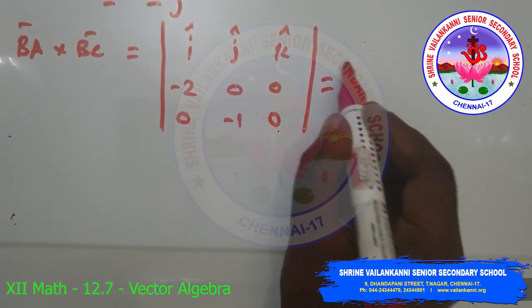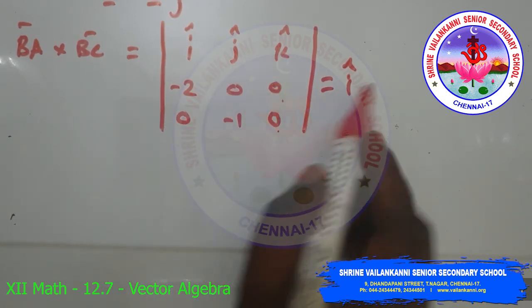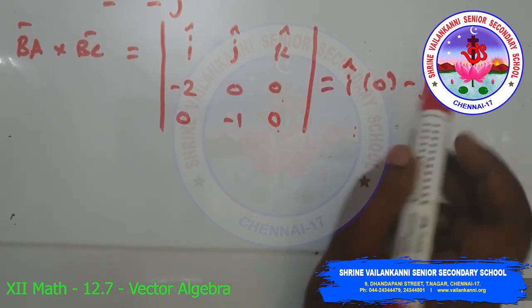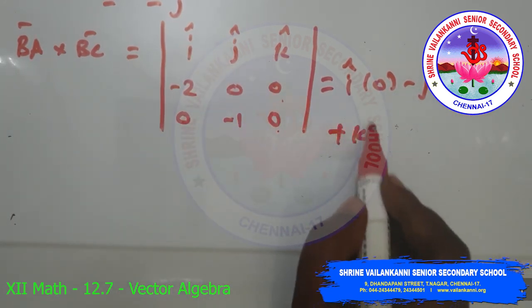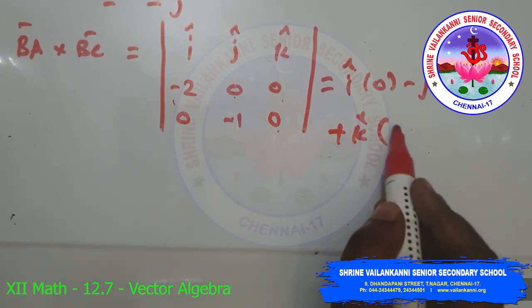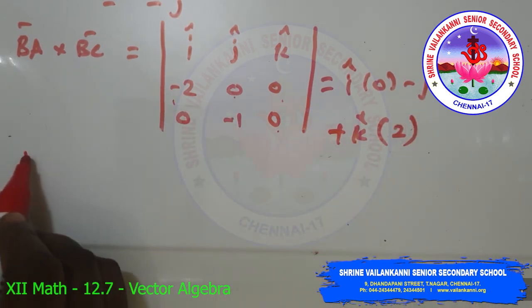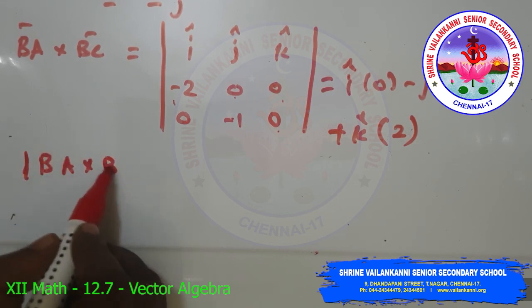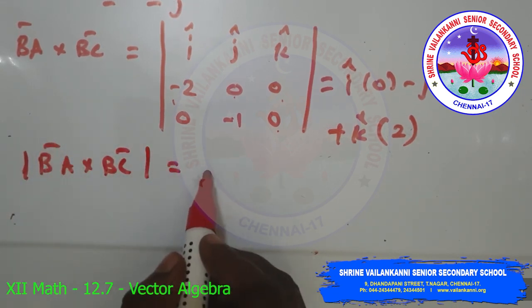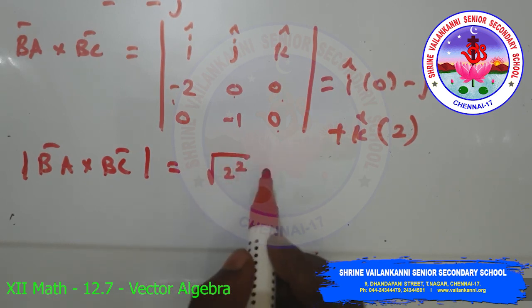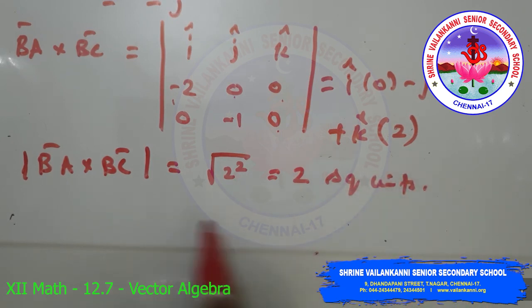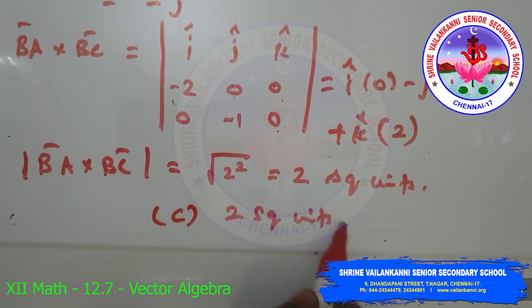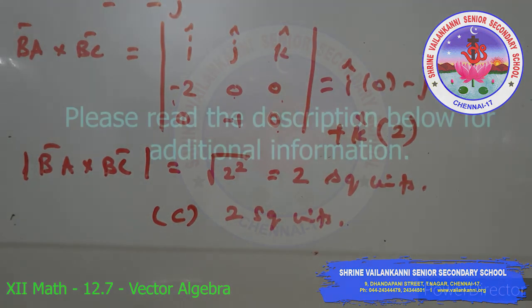So when we expand along the first row, i into (0 - 0), which is 0, minus j into (0 - 0), which is 0, plus k into (2 - 0), so plus 2k. Then the magnitude of BA cross BC is equal to root of 2², which is 2 square units. Hence the correct answer is C, which is 2 square units. Area of the rectangle is 2 square units. Thank you, children.